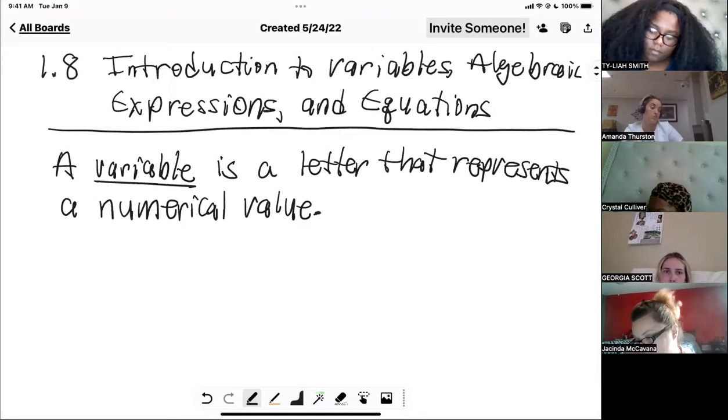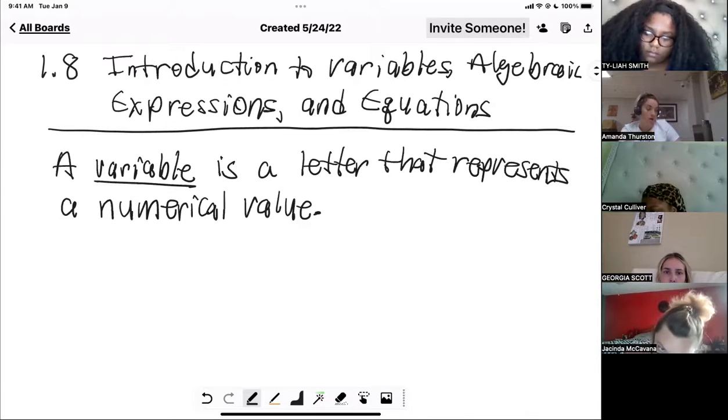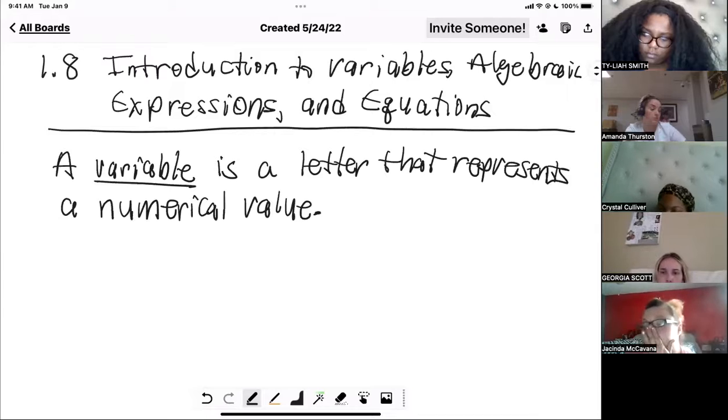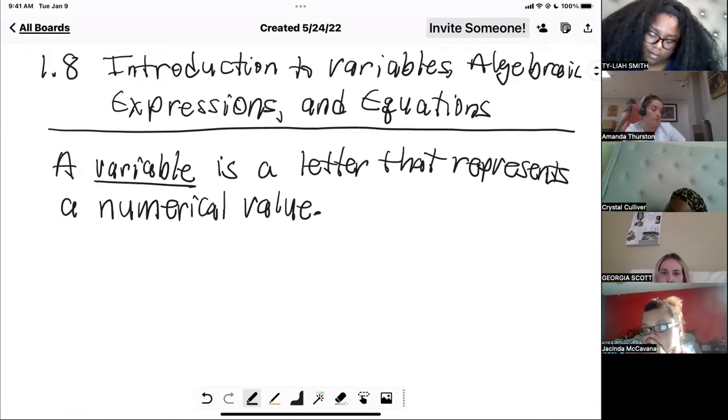It doesn't have to be a number, but right now we're going to think of it as a number. So you will see variables throughout your math studies, just everywhere. So it's really important to know how to use a variable, how to solve for a variable, how to simplify with variables, and that's what we're all going to be working on.